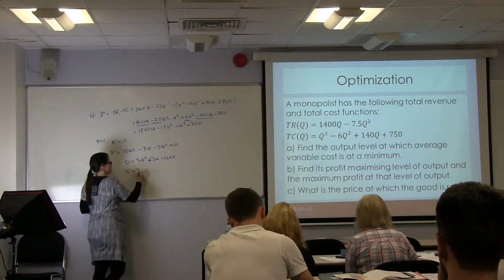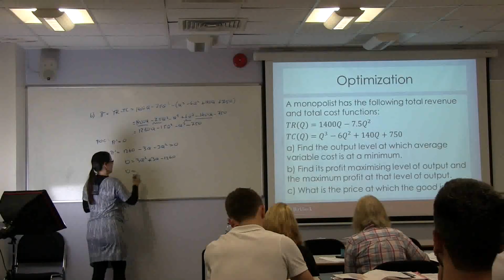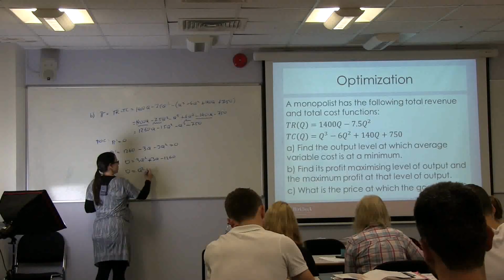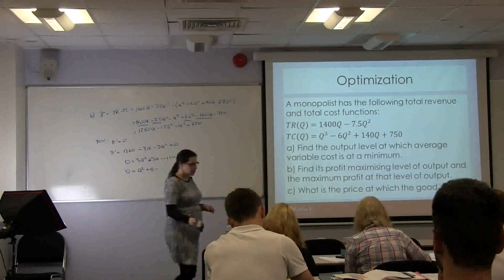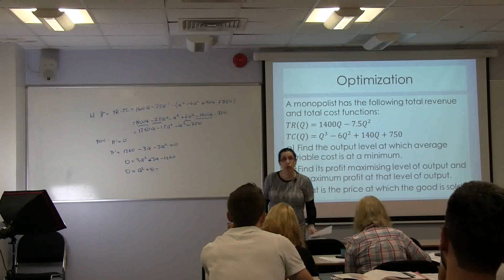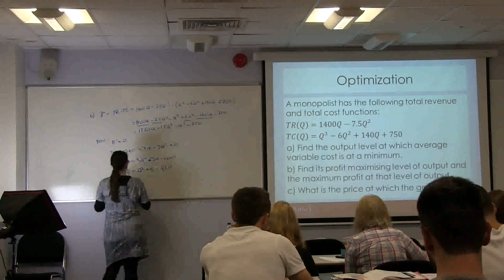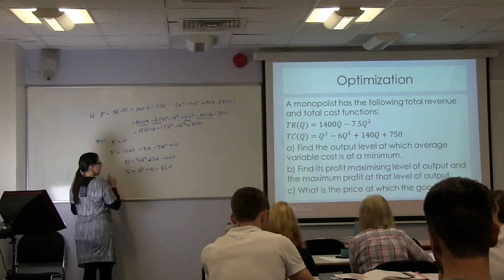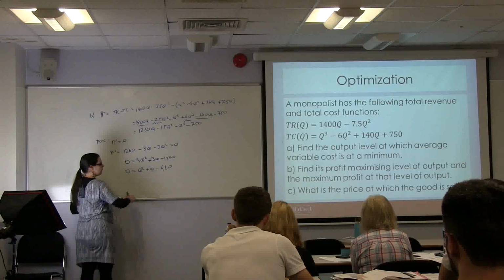So 0 equals Q squared plus Q minus 1,260 divided by 3. What is that? Gives me 420.